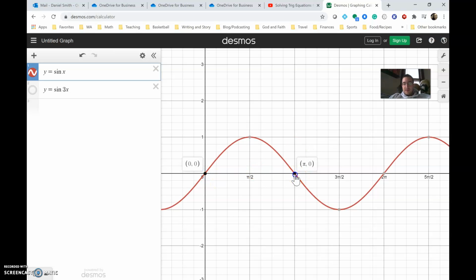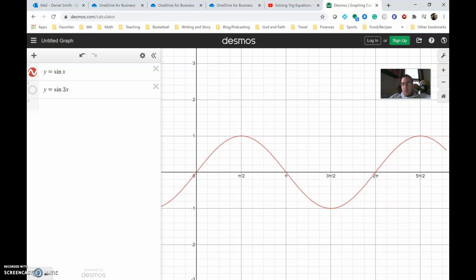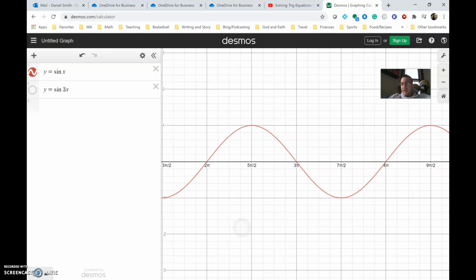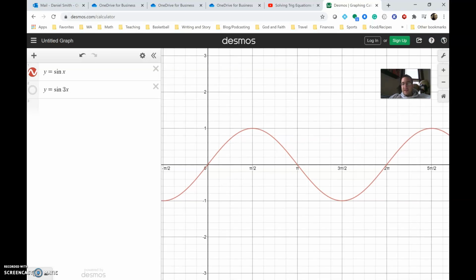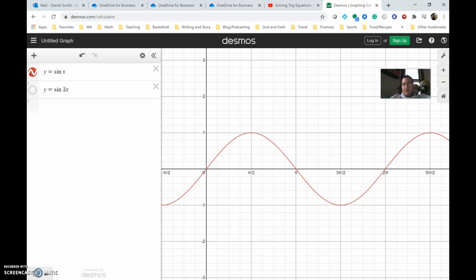So as you can see, there are 3 different solutions for when y is equal to 0 for a sine wave. There are the 3. And notice there's a never-ending amount. But for the sake of efficiency, we're only going to give the answers that range from 0 to 2 pi.